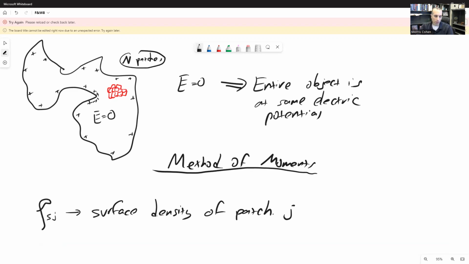So rho Sj is going to be the surface density specifically of the jth patch, and there are n of them, but that's just one of them. Then we're going to have a delta Sj, which is the surface area, or really just the area of the jth patch.